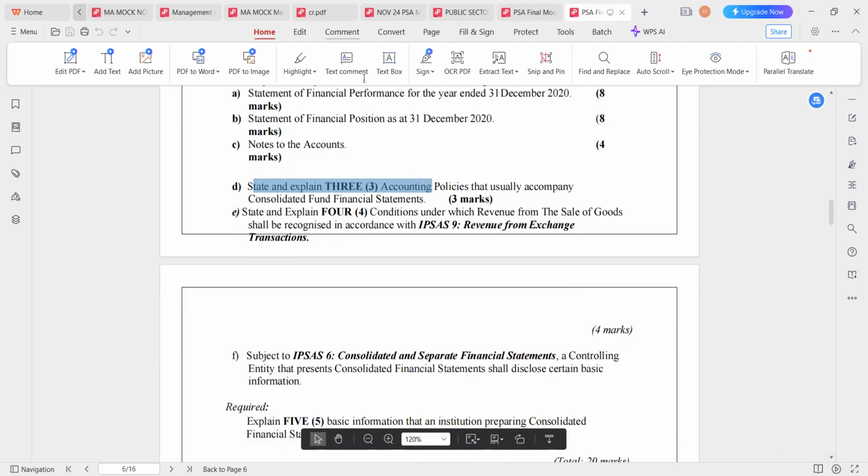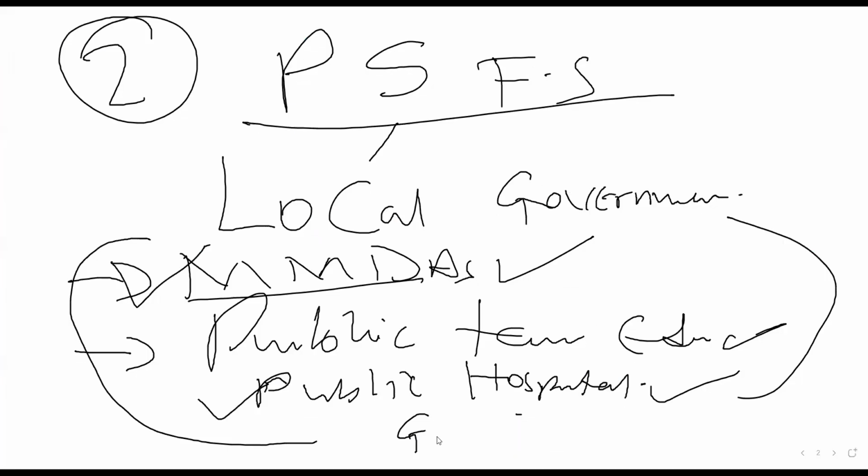Now, I wanted to explain GBE. What's the meaning of GBE? Government business enterprise. Good. Now, GBEs operate on their own. They sell and earn revenue, so their accounts are also similar.